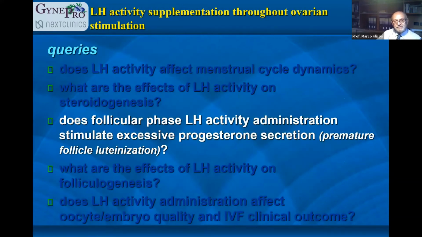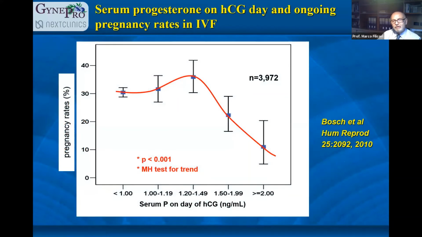Third question is, does follicular phase LH activity administration stimulate excessive progesterone secretion, so-called premature follicle luteinization? Now, that is very important, and we all know it, but it was really very nicely outlined by our friend Dr. Bosch in Valencia. They looked back at almost 4,000 cycles of patients doing IVF, and they looked at serum progesterone on the day of HCG, and I'm sure you all read this paper.